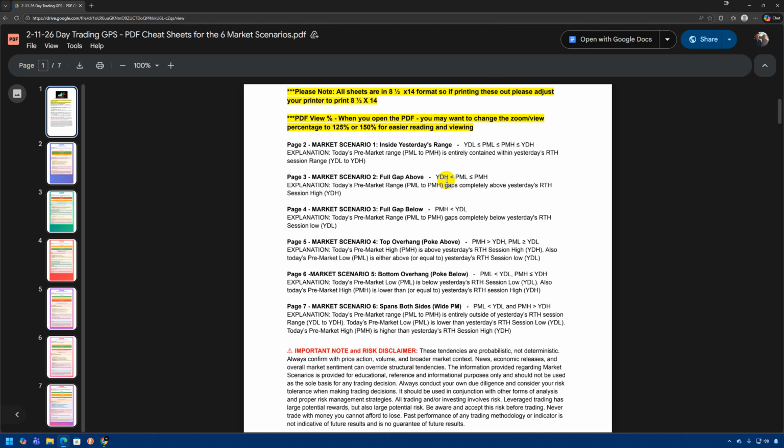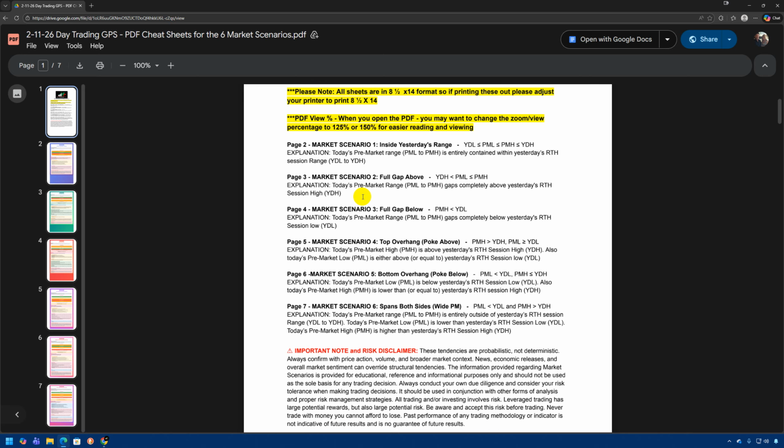Market scenario 2 is a full gap above today's pre-market range. The entire pre-market low to pre-market high range gaps completely above the RTH session high, the YDH level. So this is a full gap above, even the pre-market low, not just the open.